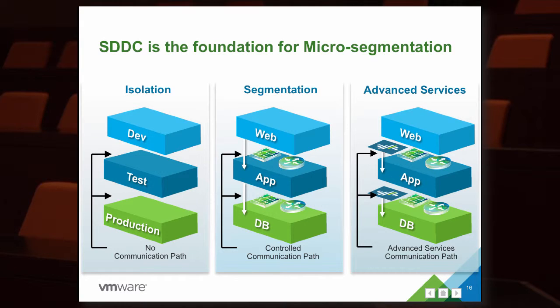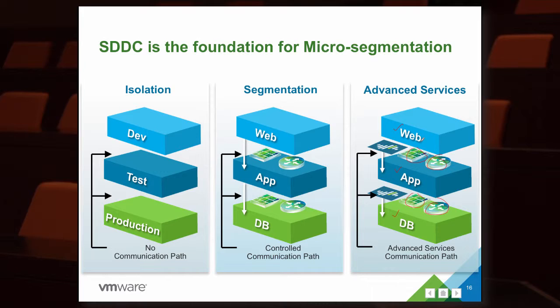Moving toward a space where we have advanced services communications, where we have firewalls, distributed routing, and clear communications and orchestration between database, application, web, or any other multi-tiered or multi-platformed application stack.